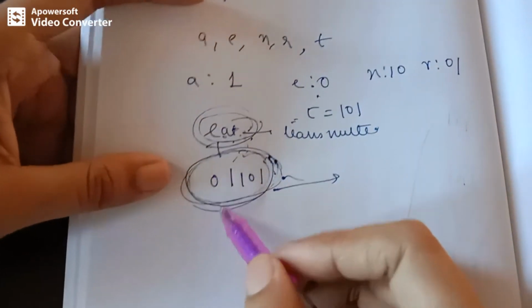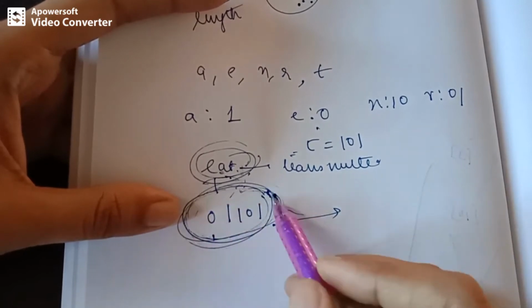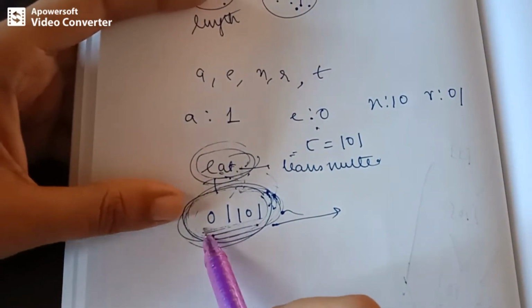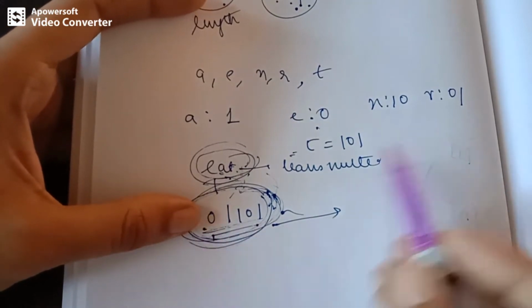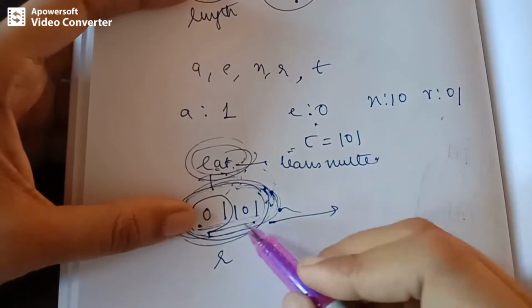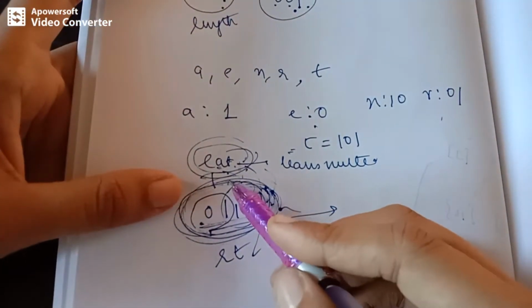Okay, let's try it out. What else words can we derive, or what else words can be decoded from this sequence? So 0 is E, we can have 01, that is we can have R, we can have 101, RT, right? We can also have other words apart from EAT.